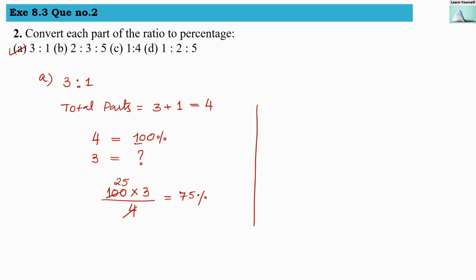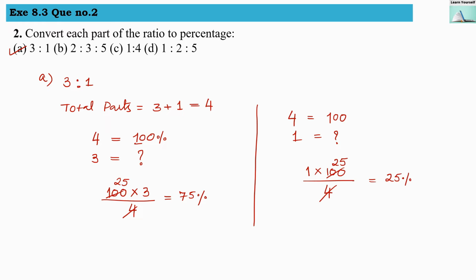Now for 1 part, you can either subtract this from 100, or we can find out through the unitary method that 4 equals 100%. Then 1 part equals how much? So 1 into 100 divided by 4. So 4 25s are 100. So we will get here 25%.